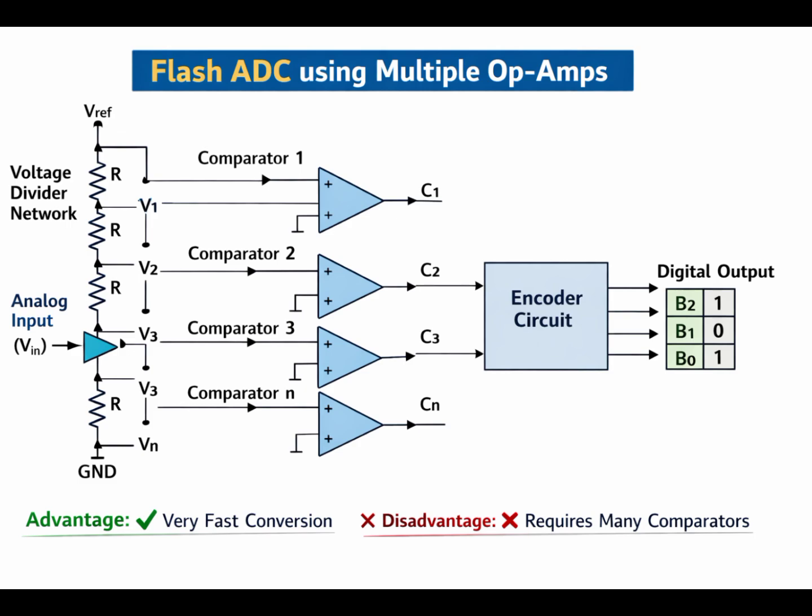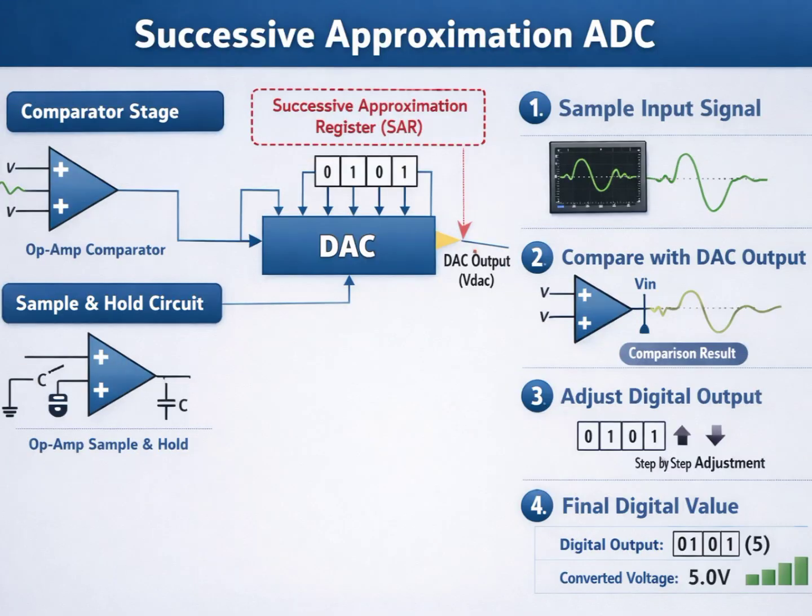The outputs are then given to an encoder. Encoder converts those outputs into binary form. Advantage of Flash ADC: very fast conversion. Disadvantage: requires many op-amps, especially for higher resolution. So hardware cost increases.